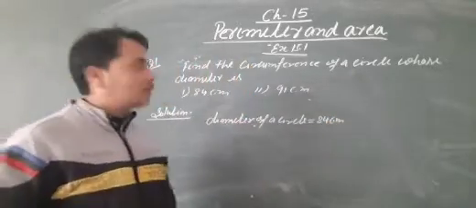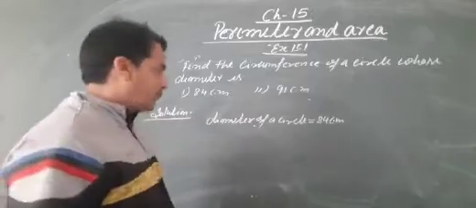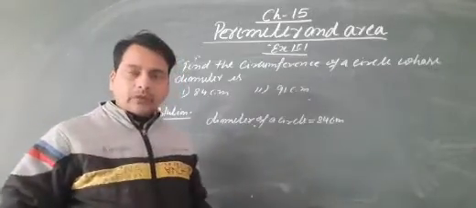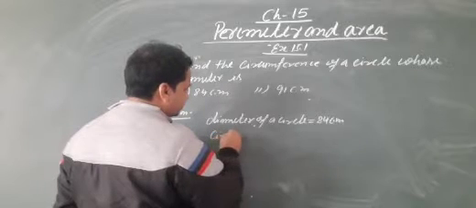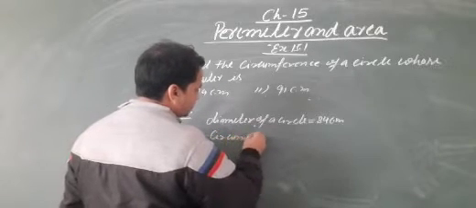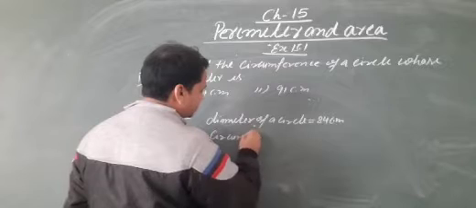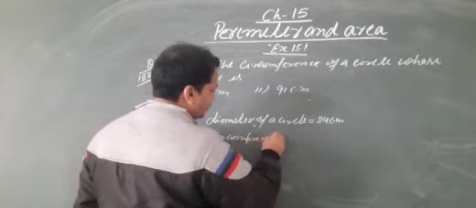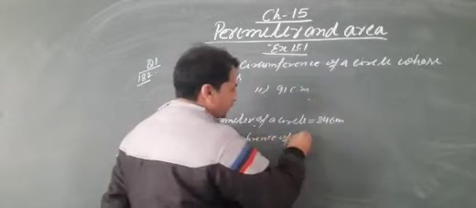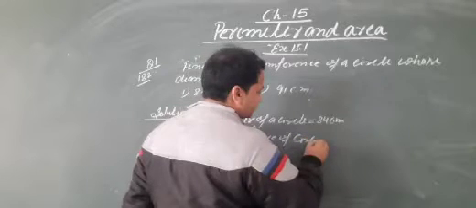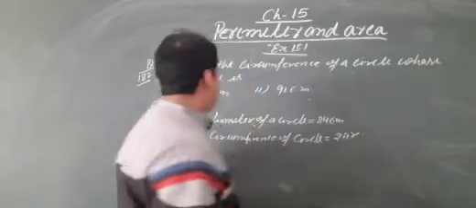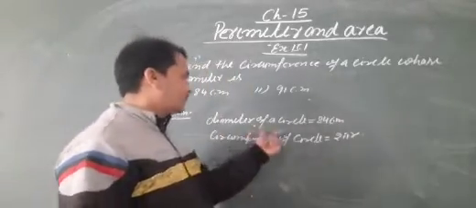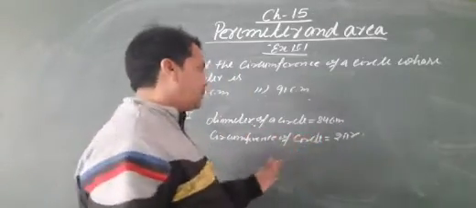Find the circumference of the circle. So we know the formula of the circumference of a circle: circumference of circle is 2 pi r.